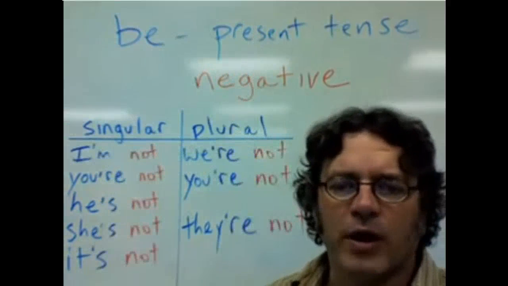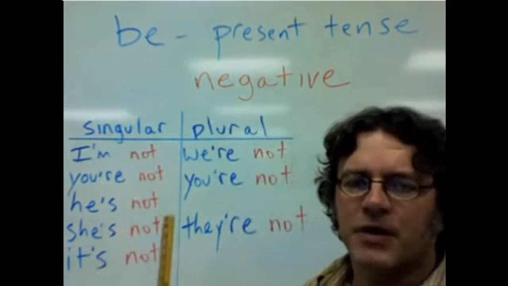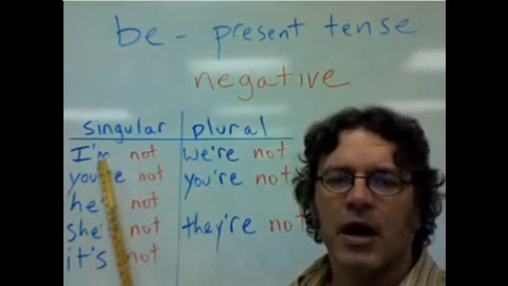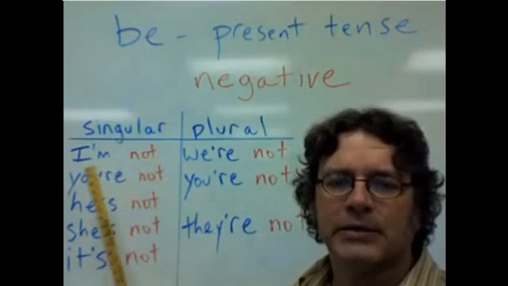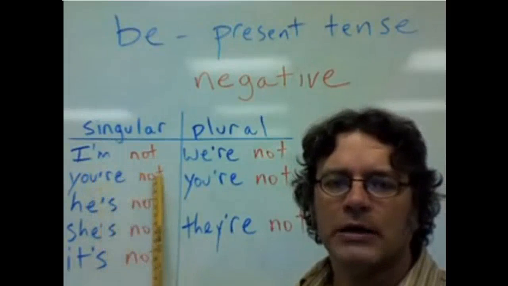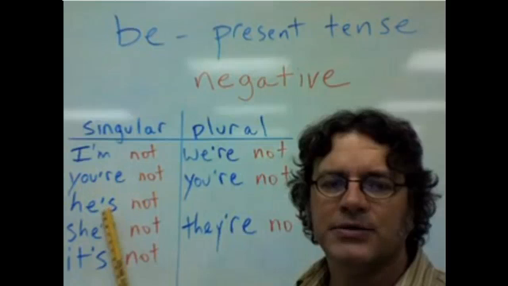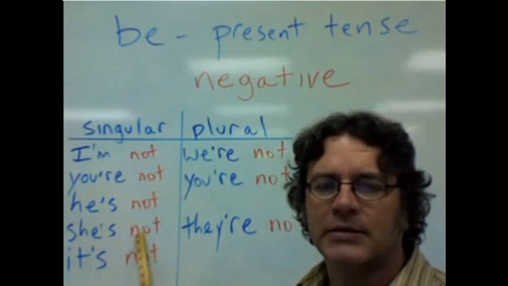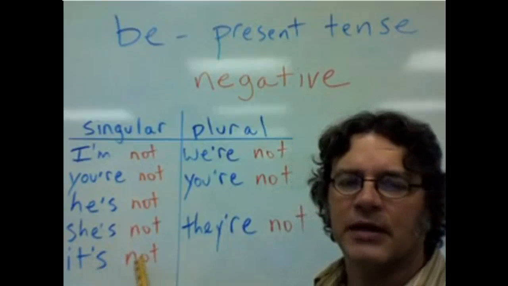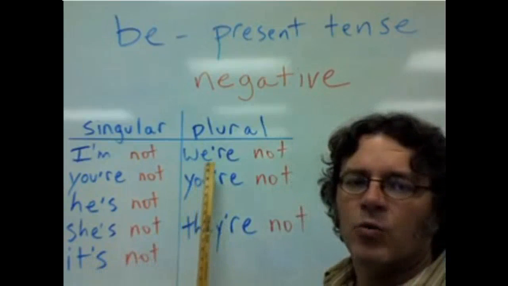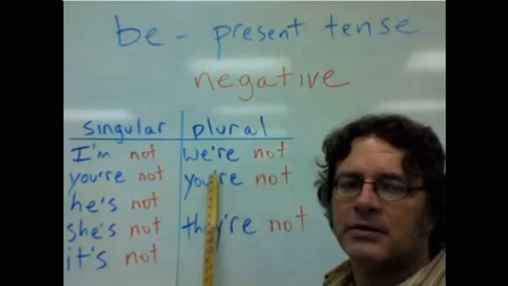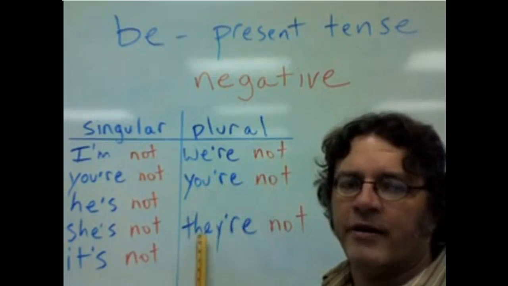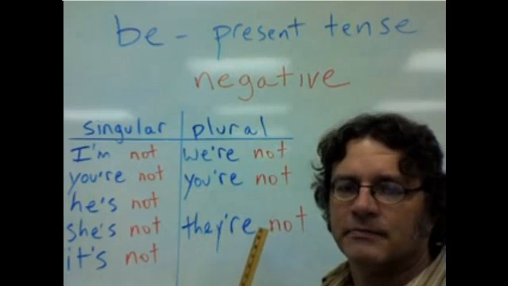The easiest way to make the negative is to add not after the contraction. I'm not. You're not. He's not. She's not. It's not. We're not. You're not. They're not.